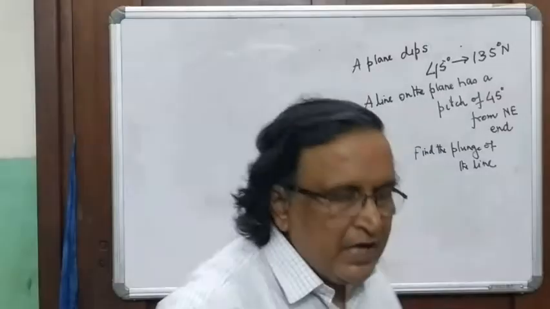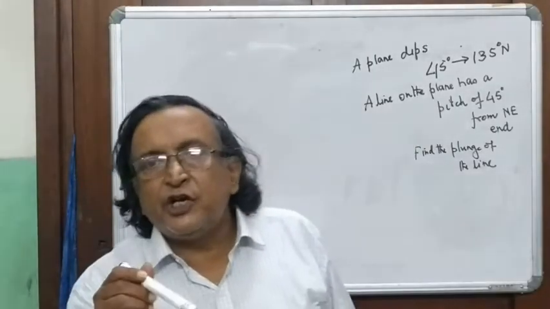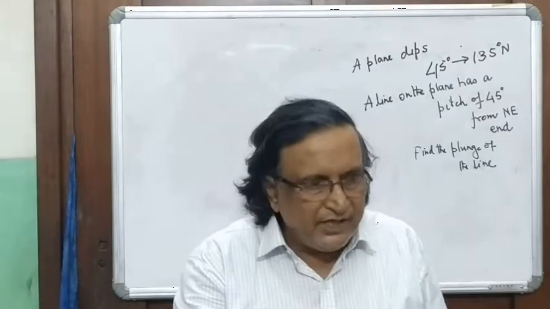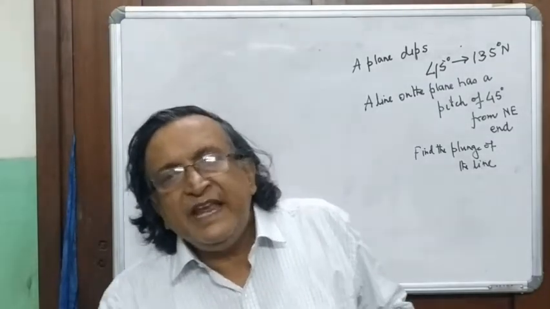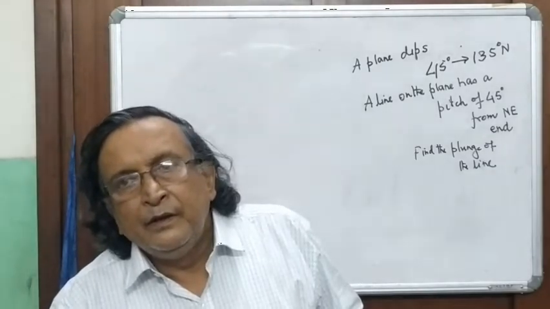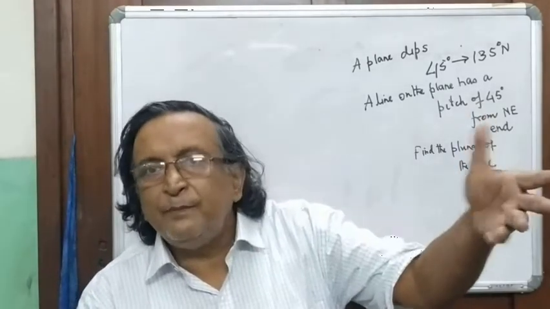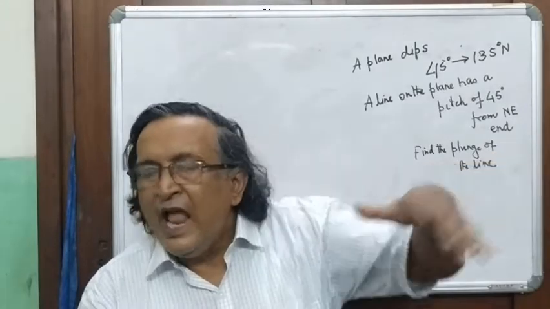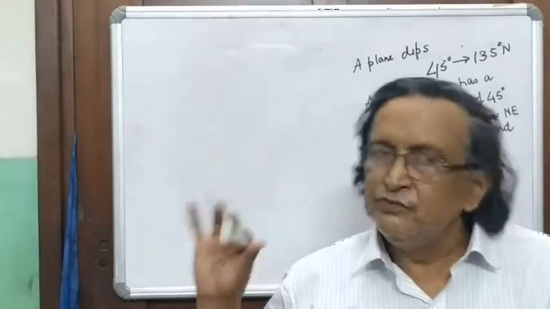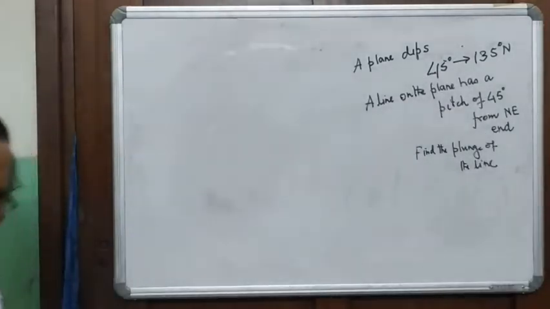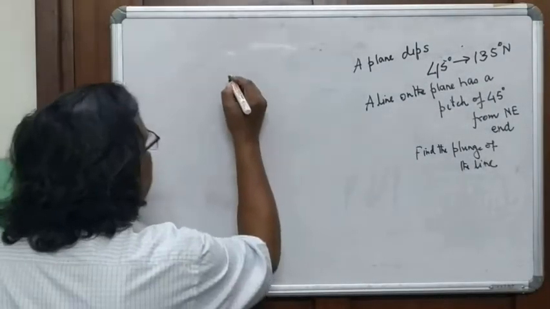And he has given the angle measured by the line from the horizontal on any plane other than the horizontal plane, which doesn't have any strike, and a vertical plane, in which case it will be plunge. So, let's start. Simple again.